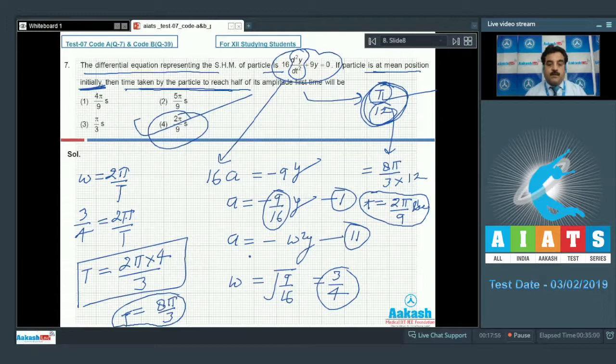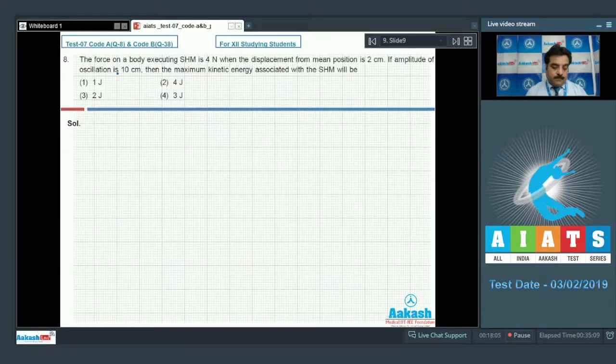So let's move on to question number 8. The force on a body executing SHM is 4 Newton when the displacement from mean position is 2 cm. If amplitude of oscillation is 10 cm, maximum kinetic energy associated with the SHM will be.